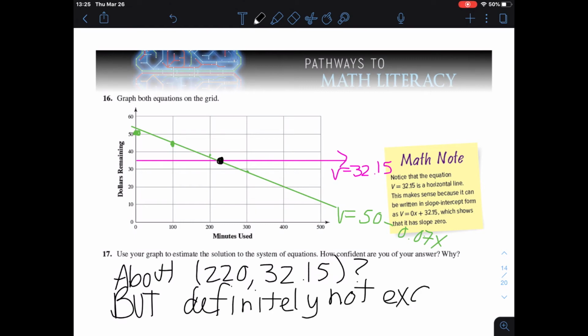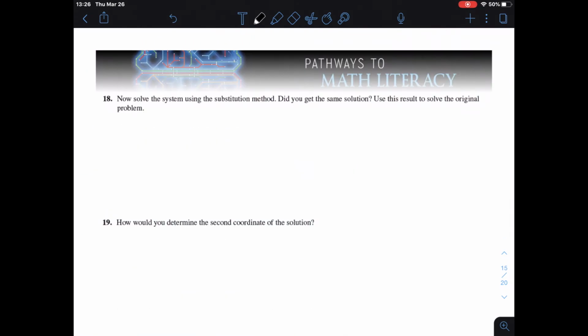So this turns into a problem when we use the table or estimation. You can't always plug and chug and just guess. What we're going to do instead is solve this algebraically.